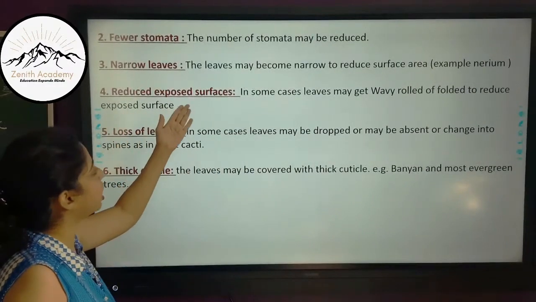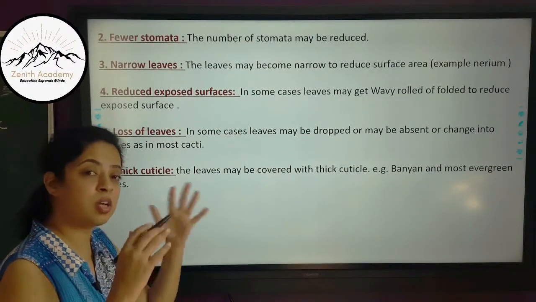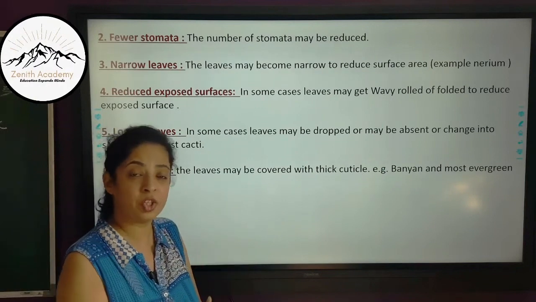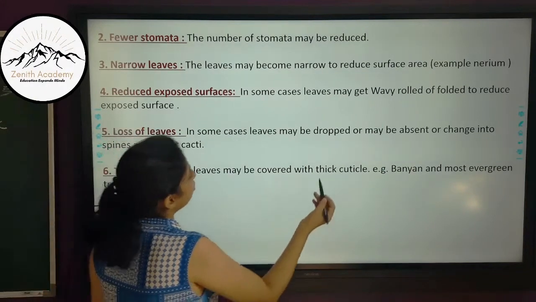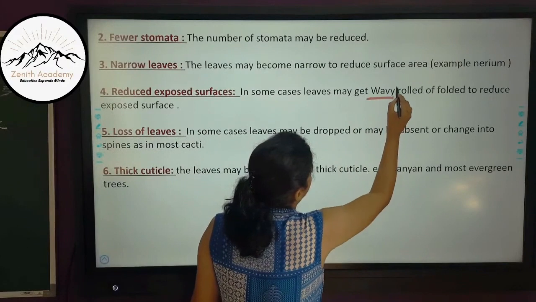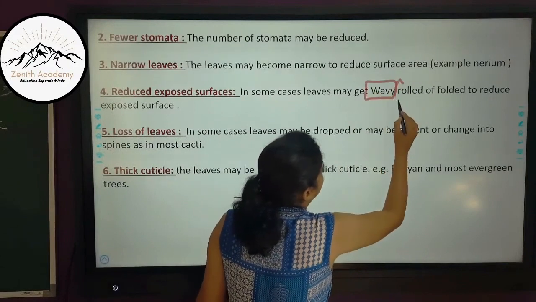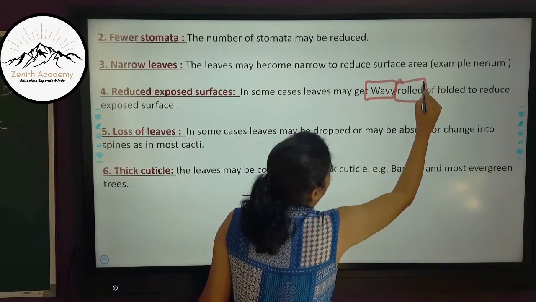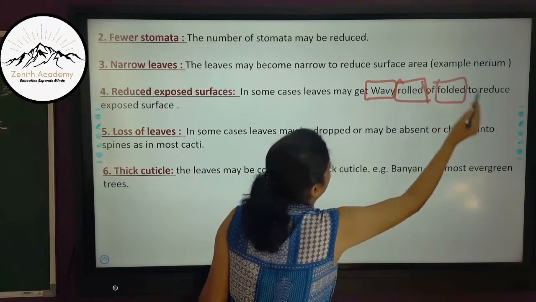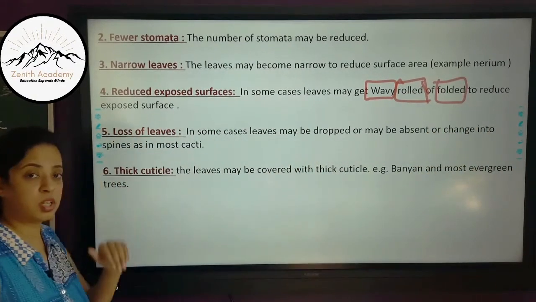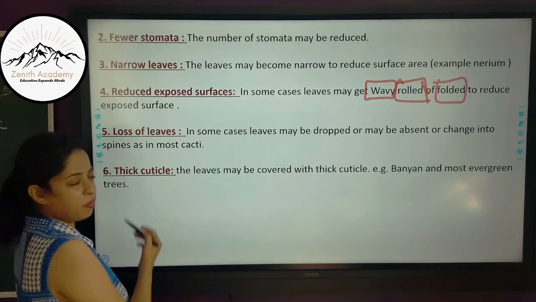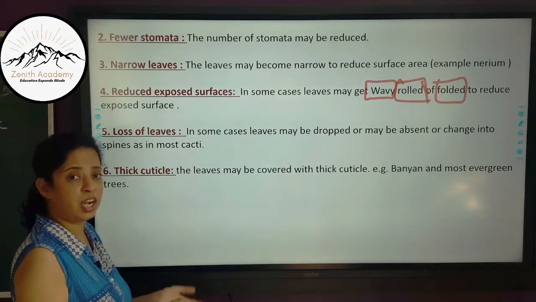Next is reduced exposed surfaces. The exposed surfaces through which transpiration happens are reduced here. So the leaves may get wavy, or get rolled, or folded to reduce the exposed surface. Then loss of leaves. In some plants they shed their leaves.